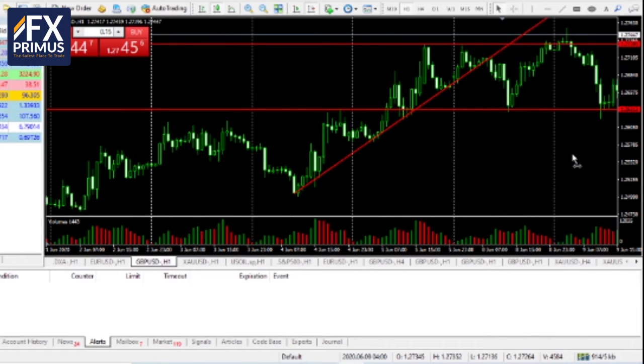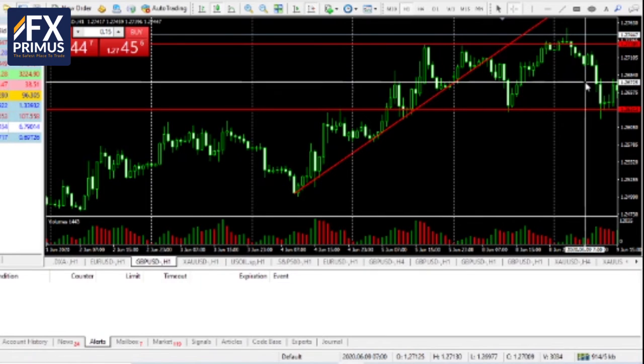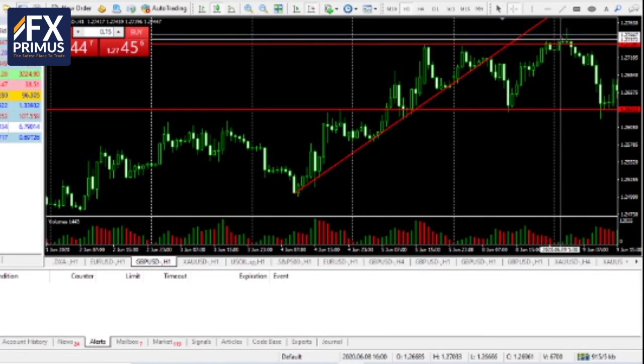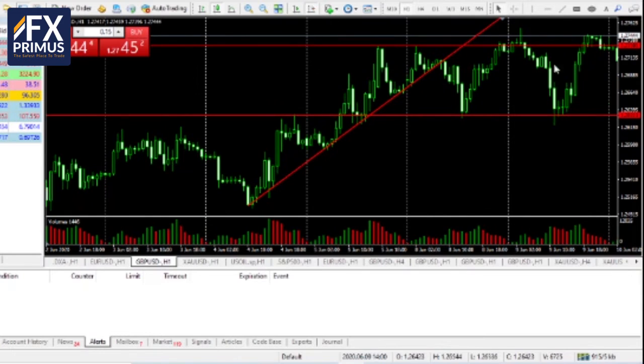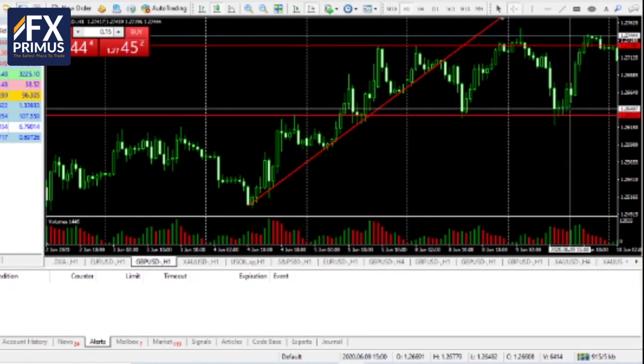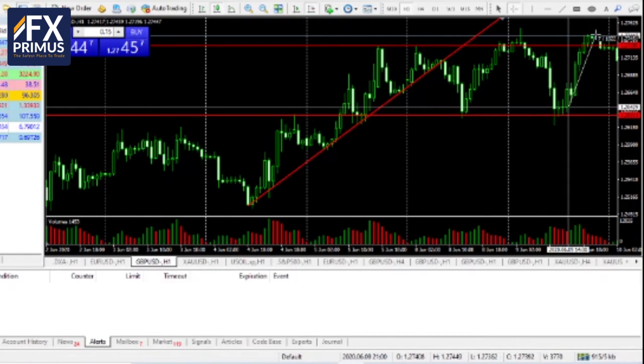Okay, so what this tells me is that in the Asian and UK trading session, the traders, especially in Asia and the UK, are of the opinion that the US dollar is strengthening and the UK pound is weakening. However, when it comes to the US trading session, it is their opinion that the US dollar is weakening and the UK pound is strengthening.